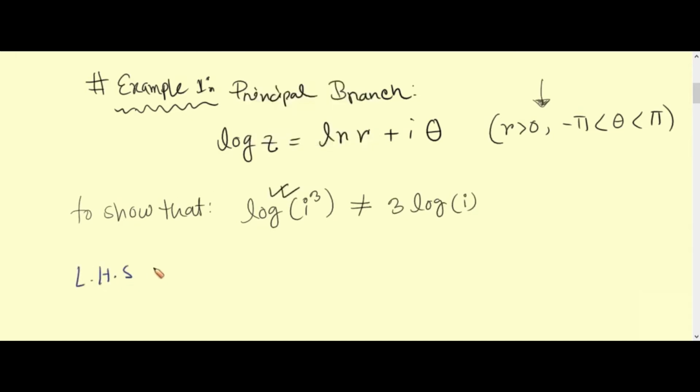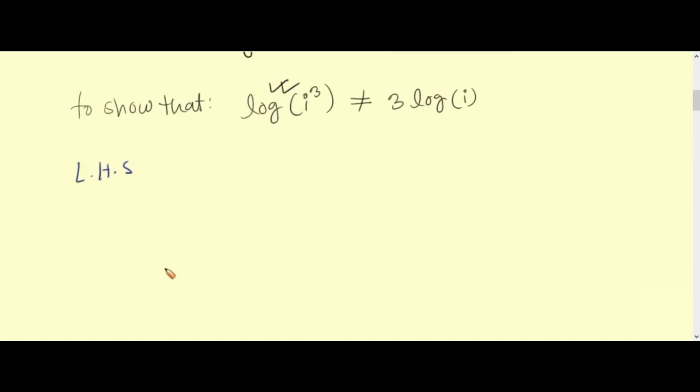So this is my left hand side. This is equal to log i cube, which can be written as i square. That is, i cube is just minus i, because i square is minus 1, and let's use that to our advantage. So this is minus i, and this minus i has what?